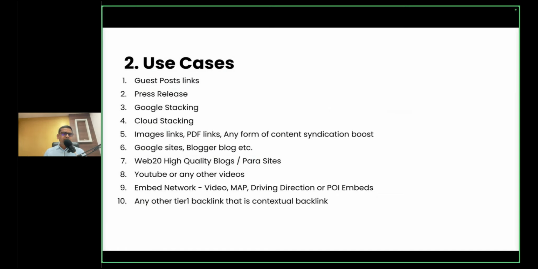A lot of platforms are there. The beauty of these platforms is that they have high domain authority and page authority. So when you get those backlinks in one cloud stack, you may easily get 20 to 100 backlinks created for your web page or website link. Then you can boost them using Money Robot.